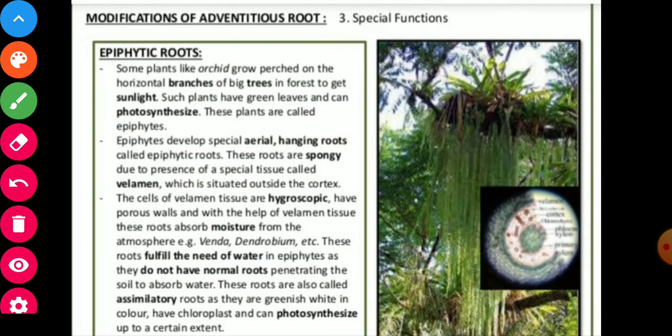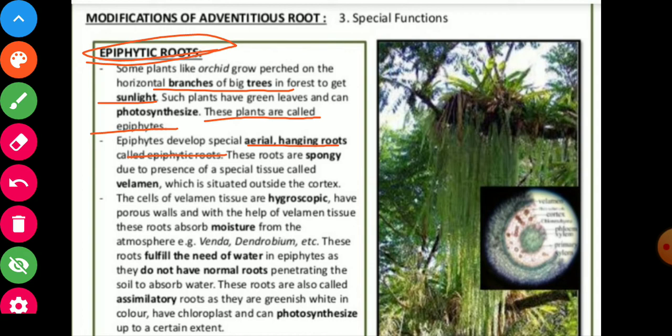Now special functions of the roots are also there, that is epiphytes. Some plants like orchids grow first on the horizontal branches of big trees in the forest to get sunlight. Such plants have green leaves and can photosynthesize. These plants are called epiphytes. Epiphytes develop special aerial and hanging roots called epiphytic roots.